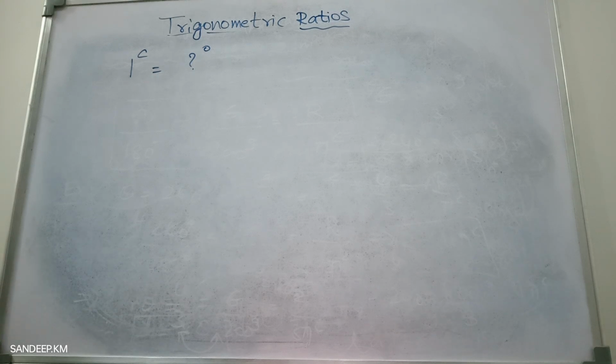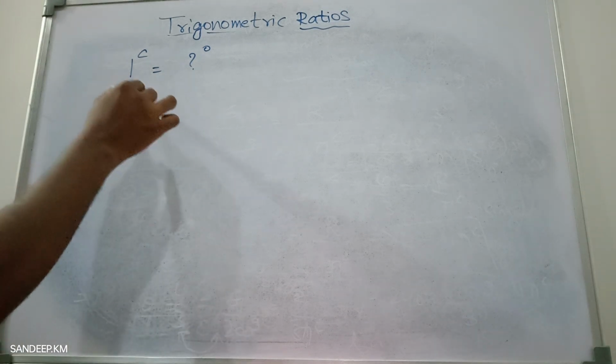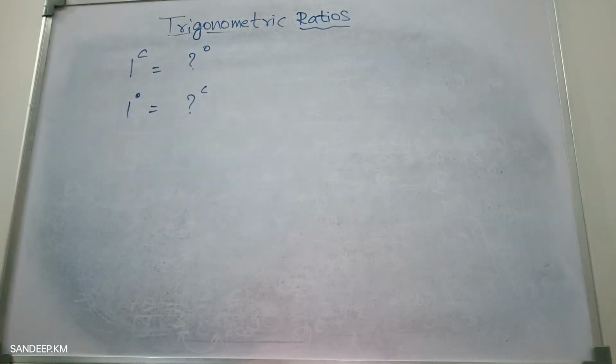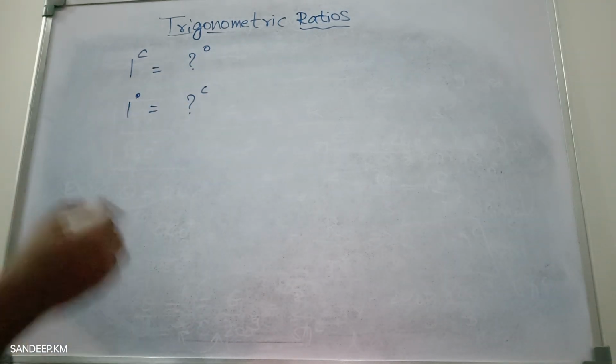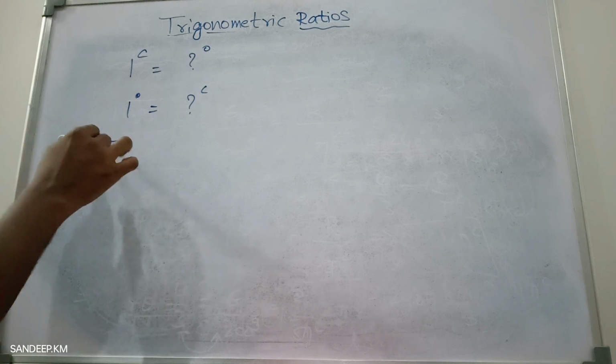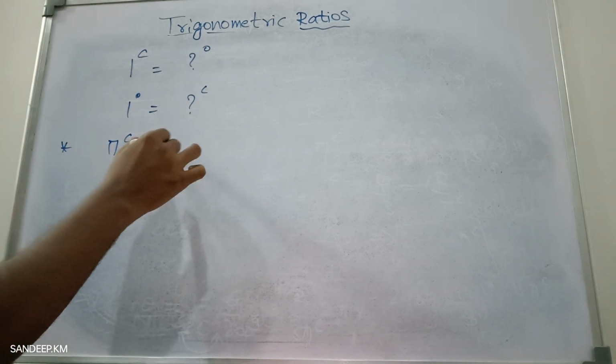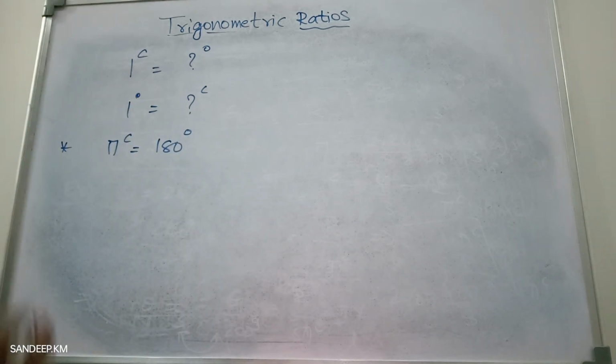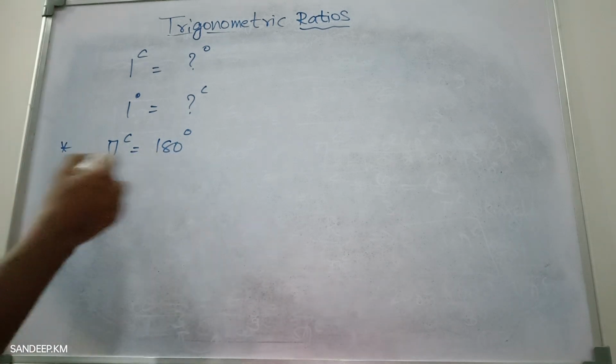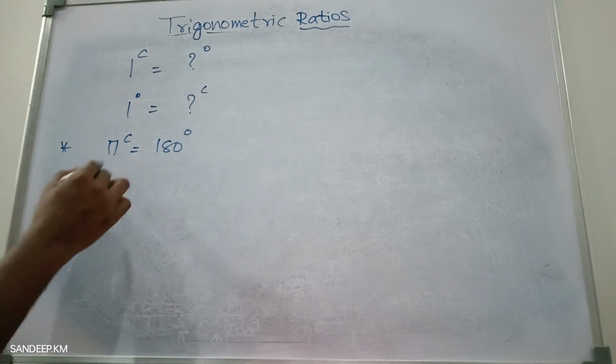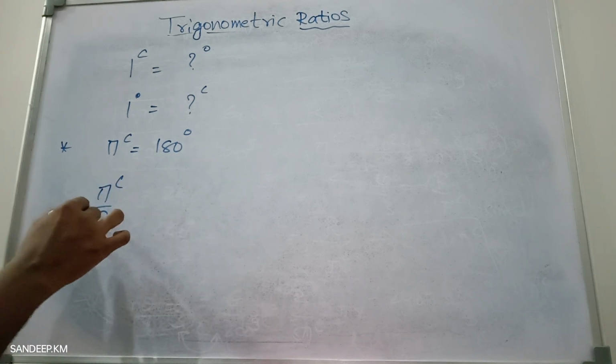To know this, we know that pi radians is equal to 180 degrees. So using this, let us find what is 1 radian. To get 1 radian, I will divide by pi on both sides.